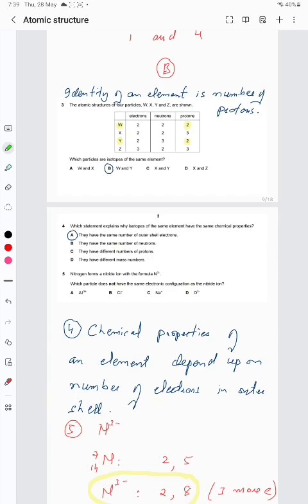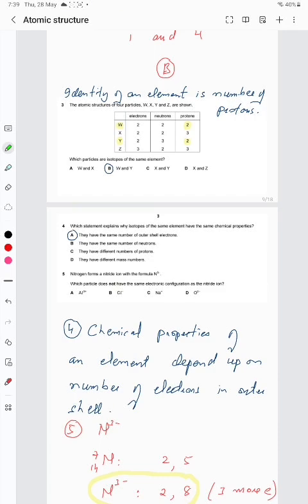And the identity of an element is the proton number, since the number of electrons can change; an atom can gain or lose electrons. So the identity of an element is actually the number of protons. And in the periodic table, elements are arranged in increasing order of proton number.